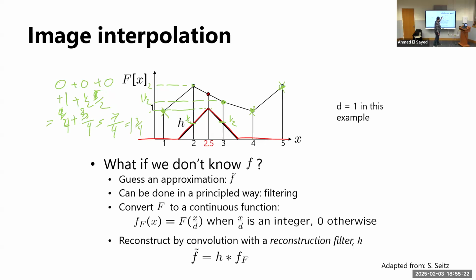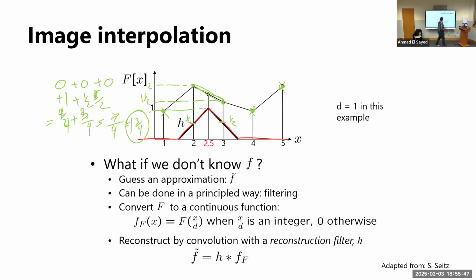Try to find the line between those 2 points and find the middle point. You'll find that it's exactly the same value. Okay? So the convolution process between this filter and those samples produces a value similar to building a line between them.